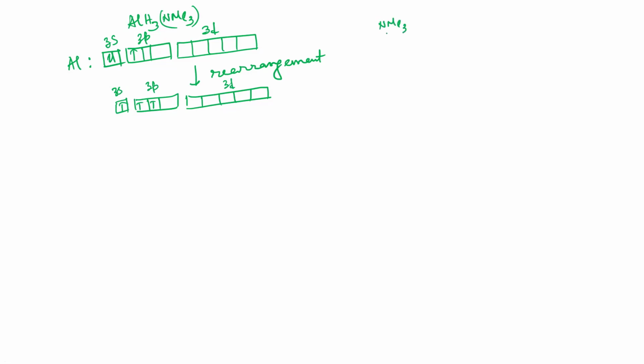NMe3, having its lone pair of electrons, acts as a 2 electron donor, that is, it will donate a pair of electrons, and hydrogen is a 1 electron donor. Thus we can put the incoming electrons from hydrogen and NMe3 in the rearranged configuration of aluminum.